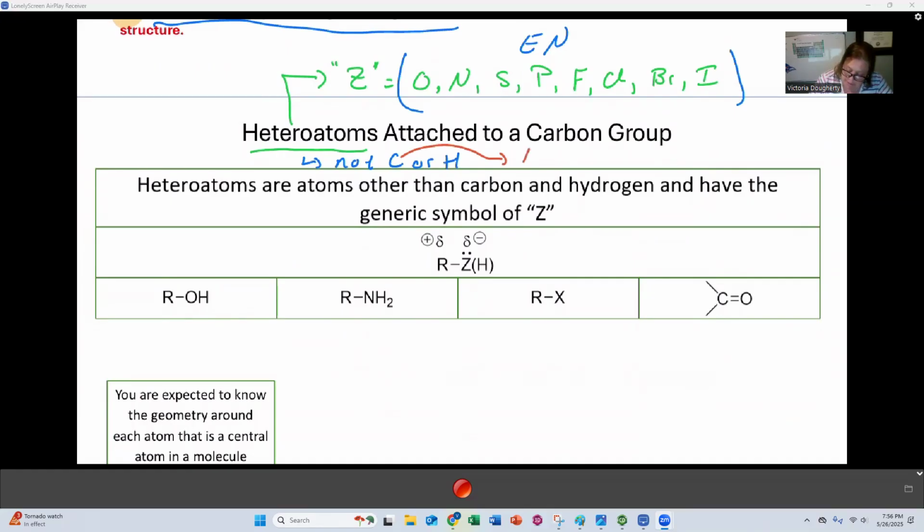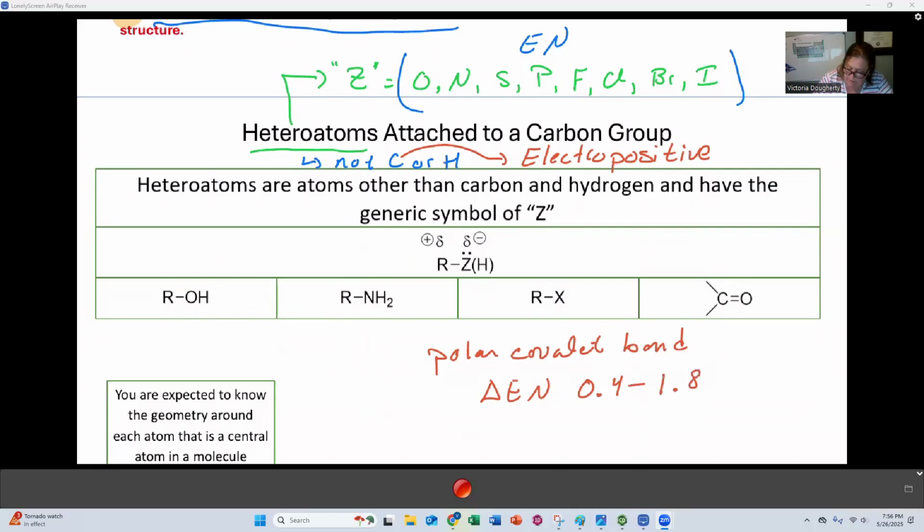And so the nice thing is, if you remember from Gen Chem 1, which I know every single one of you did, we were looking at polar covalent bonds, we had to have a difference in electronegativity between 0.4 and 1.8.